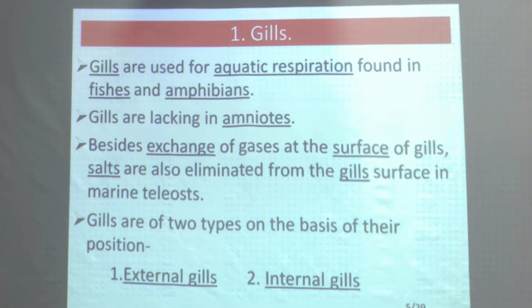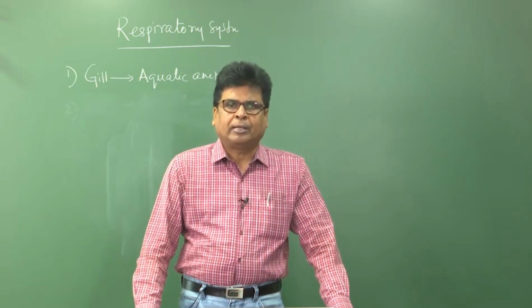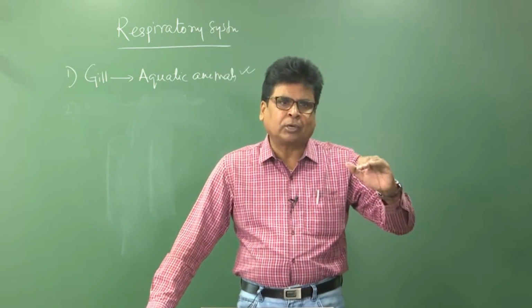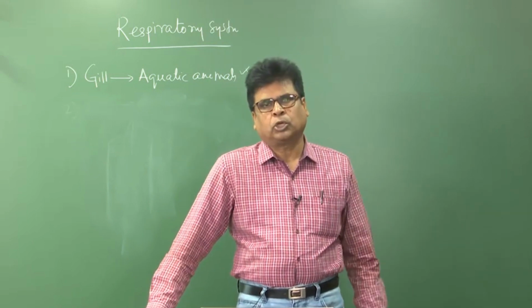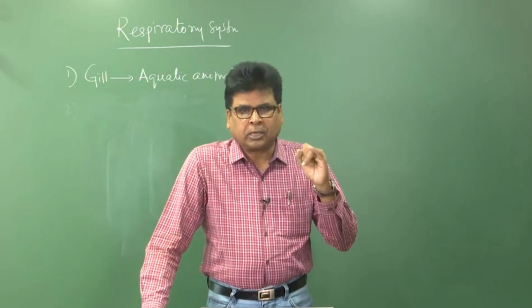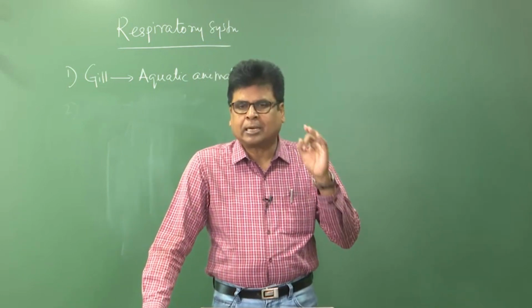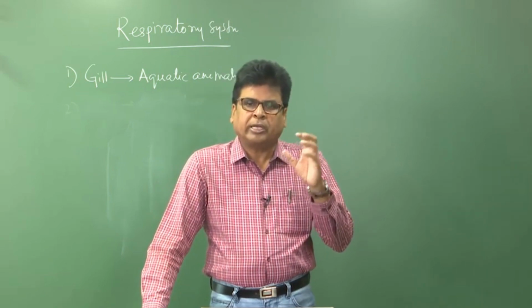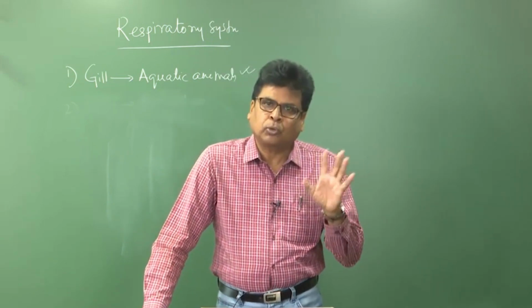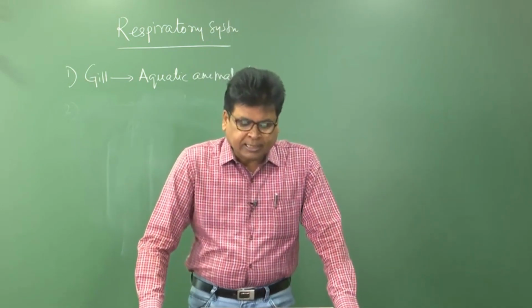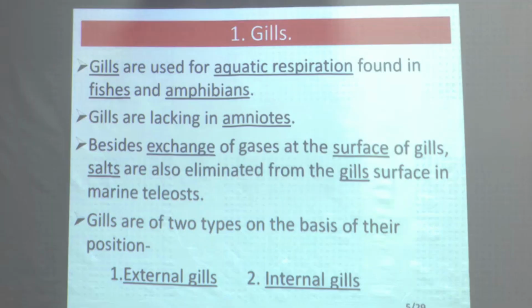In case of marine bony fishes, whenever there is more and more salt in the blood, that salt actually comes to the surface of the gill and is eliminated from the gills. So not only does gill perform respiration, but these gills are also involved in elimination of excess salt in case of marine teleost.